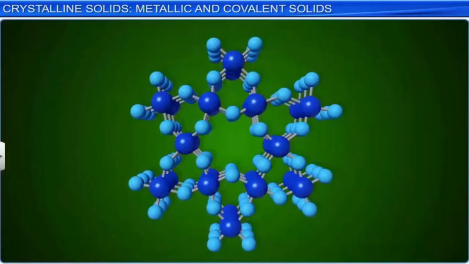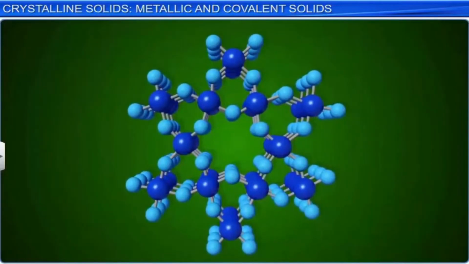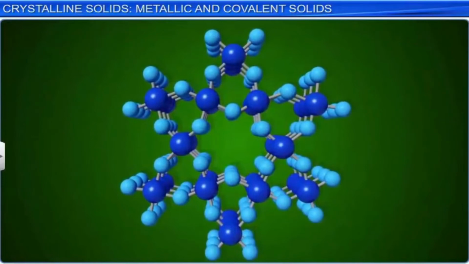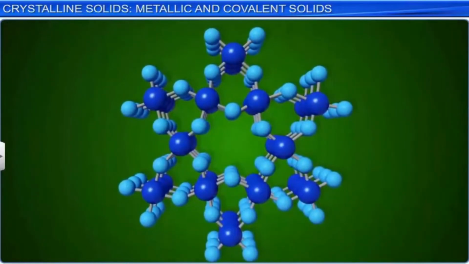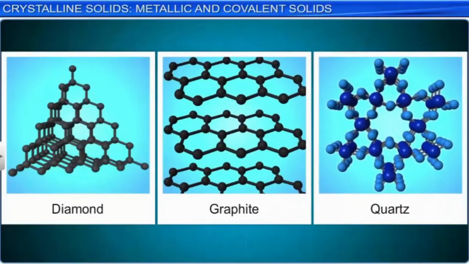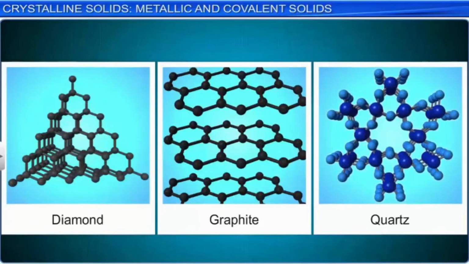They are also termed as giant molecules. Diamond, graphite, and quartz are some network solids. As the atoms are held by strong covalent bonds, these solids are very hard and possess very high melting points. These solids are non-conductors of electricity, except for graphite.